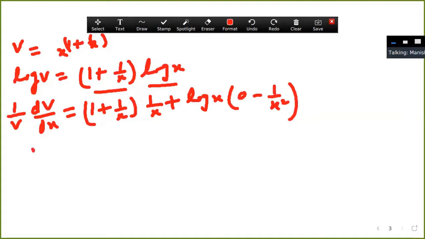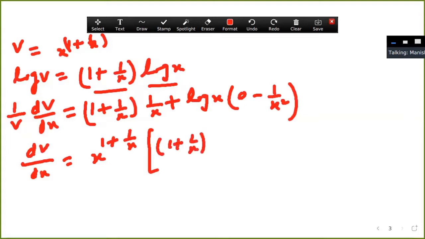Now this is dv upon dx equal to x to the power 1 plus 1 upon x into (1 plus 1 upon x) into 1 upon x minus 1 upon x square into log of x. This is dv upon dx.